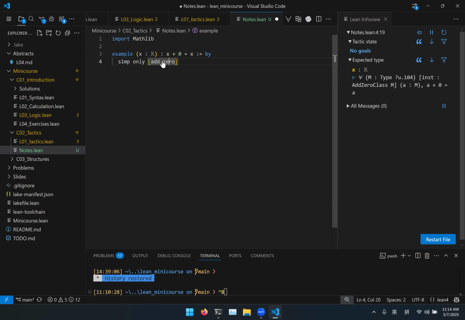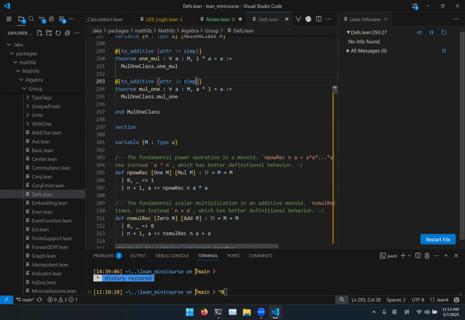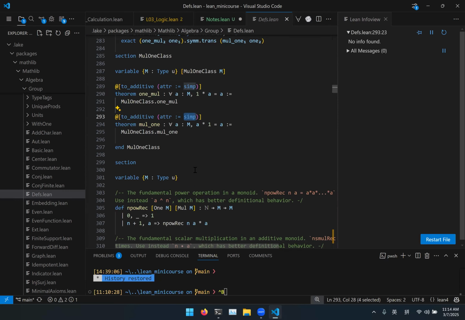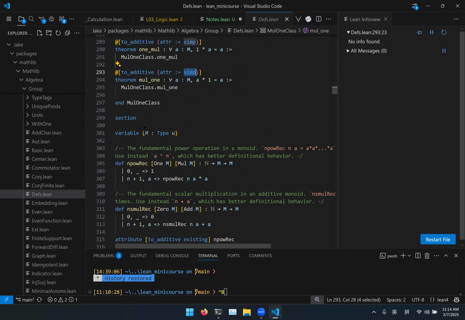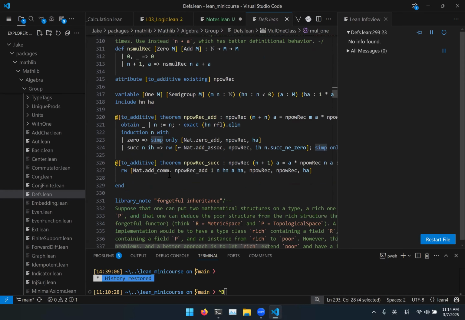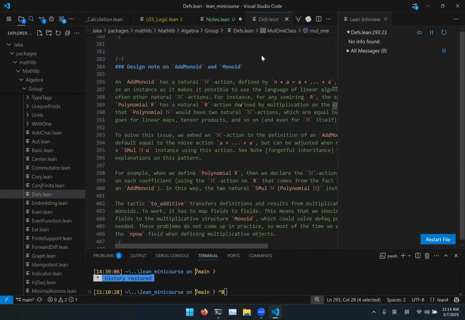As we can see from this output, there's a simp annotation here, which means that this theorem can be used by the simp tactic. Lots of them have this simp decorator, and when you have it, the simp tactic can use it.